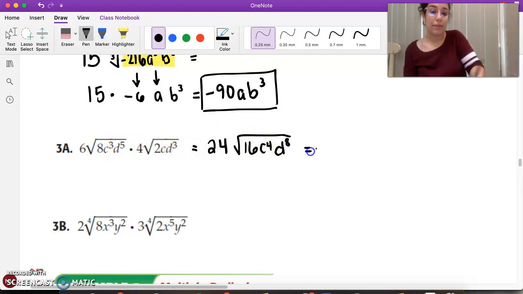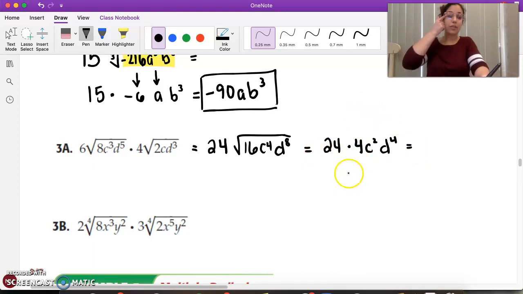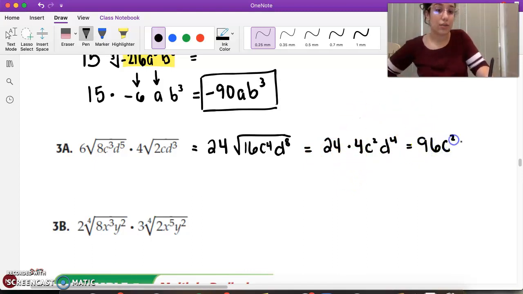And then you simplify. So you have 24 times the square root of 16, which is 4. The square root of c to the fourth is c squared, and then d to the fourth. And your final answer, 24 times 4 is 96 c squared d to the fourth.